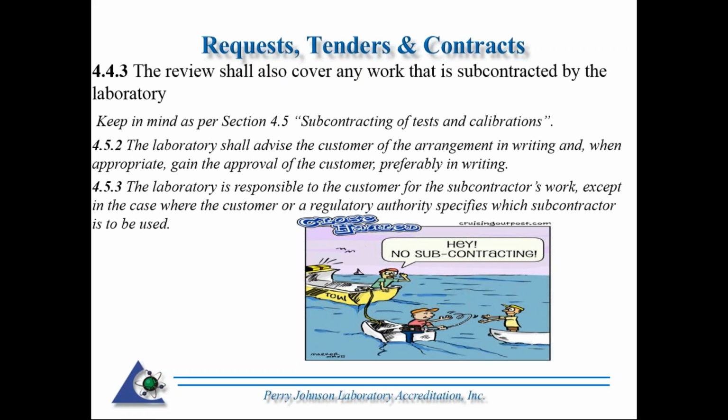So hence, if you are subcontracting the work, you're not only going to comply with 4.4, you're also going to comply with this requirement under subcontracting that you have to inform the customer in writing. And just bear in mind, 4.5.3 states the laboratory is responsible to the customers for the subcontractor's work, except in the case where the customer or a regulatory authority specifies which subcontractor is to be used.